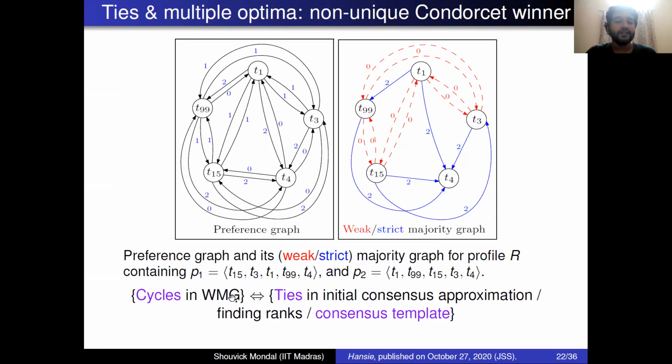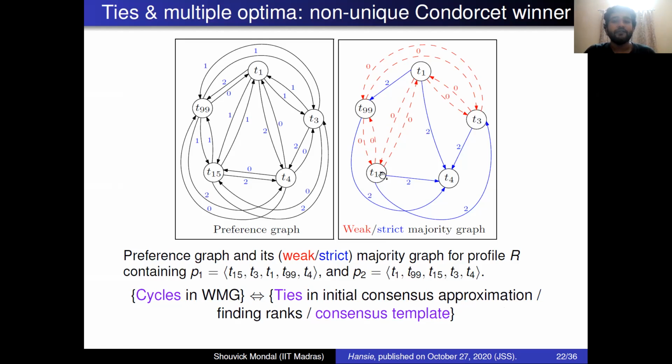If there are cycles in the weak majority graph, then there will be ties in the initial consensus approximation, and also ties in finding ranks of the Condorcet alternatives, and also in the consensus template. I will come to what the template is. Here we have T1 to T15.